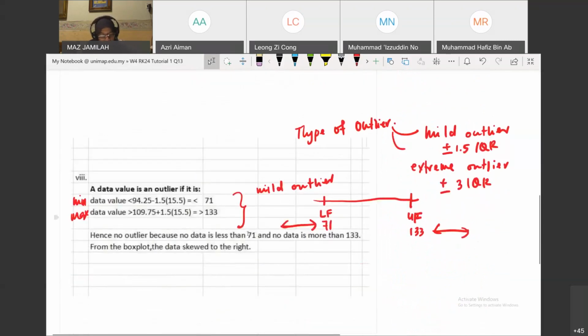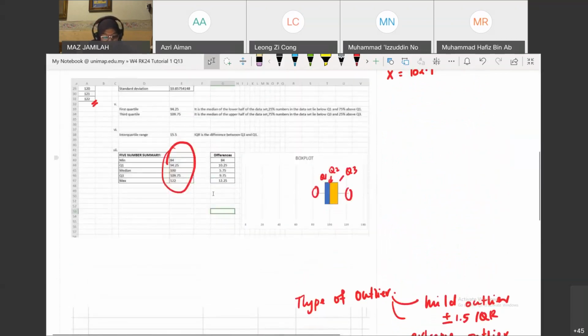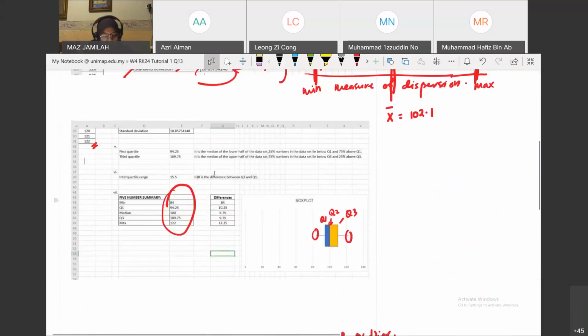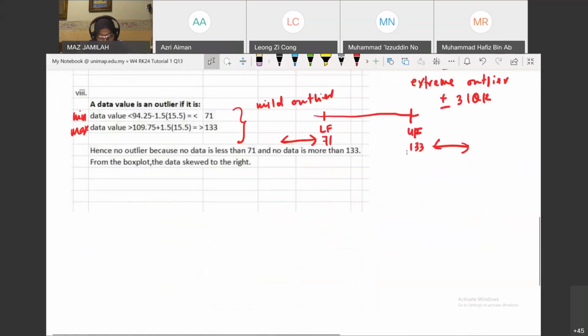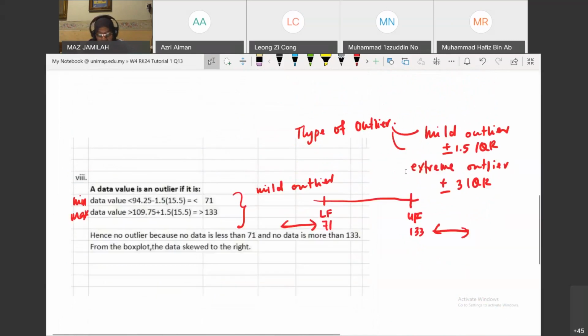So assuming that your IQR is correct, hopefully the calculation is correct, in this particular sample no data is over here and no data is over here. So there is no outlier because there is no data less than 71 and no data more than 133. The box plot is skewed to the right. So this is the first sample.